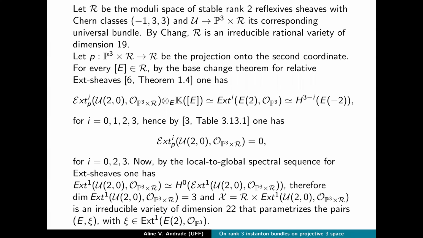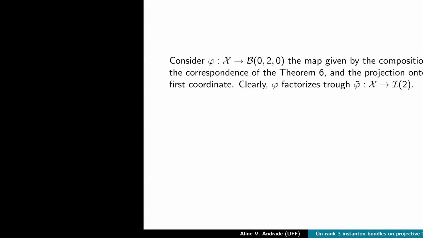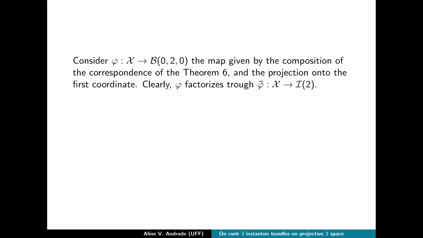Well, now that we have that, I will consider a morphism between X. Let me remind you who X is: the stable rank 2 reflexive sheaves with the extensions of the universal bundle over here. And so I will consider this map given by the composition and the correspondence that we have in the previous theorem.